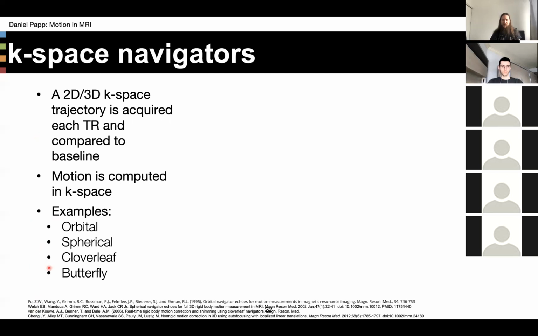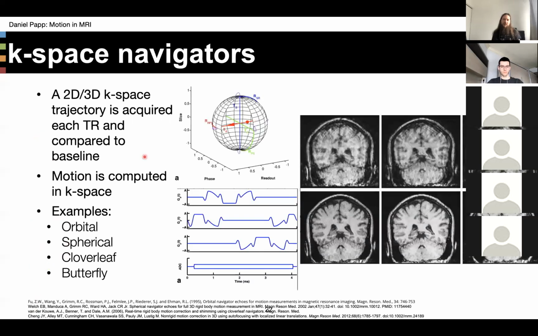What I'll show you now is the so-called cloverleaf navigator, because if you look at it from the top, it looks like a cloverleaf. And you can see the reason why these haven't taken the world by storm, which is that to properly play out this navigator, you need really good control over your gradients because you're always doing something funky.